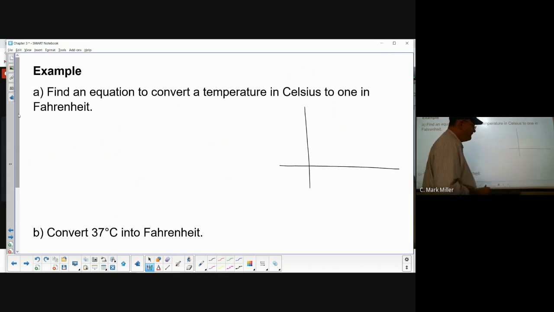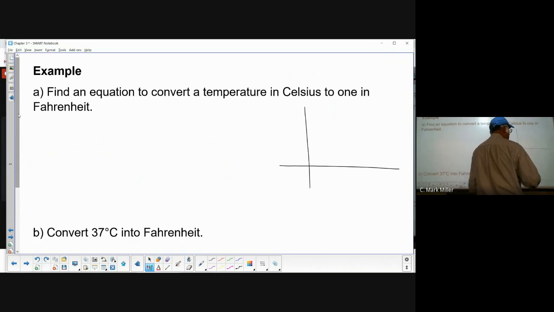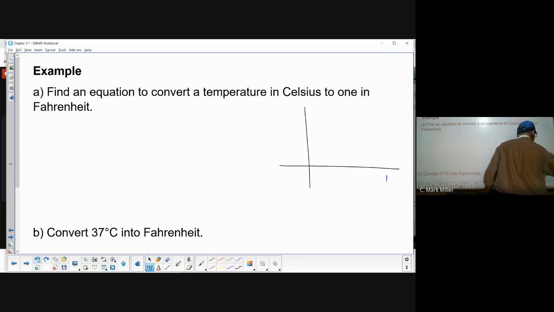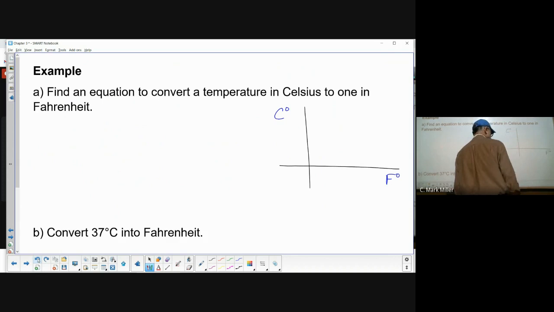Do a graph and let's put Fahrenheit degrees on this axis, Celsius degrees here. We know a couple of different conversions.